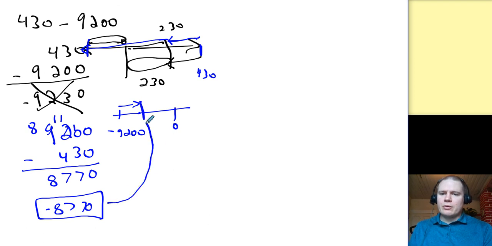Instead of negative 9,000, I'm at negative 8,000, but not as far as 8,000, only 8,770. And maybe that's easier to see than this is. So that's whole numbers. Again, the hundreds are lining up with the hundreds, and then if I need to borrow, I do. Right? We're still lining up like units with like units.